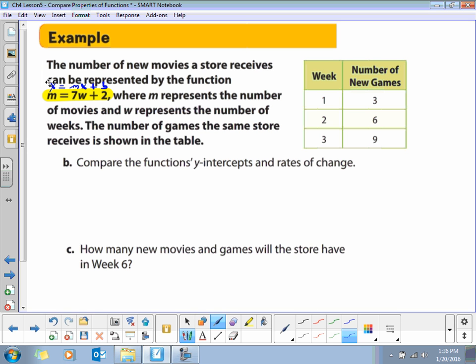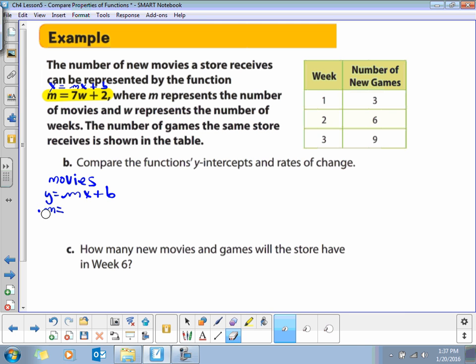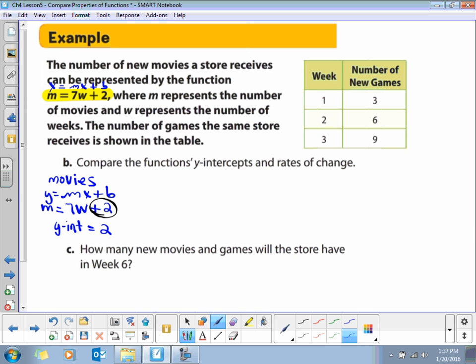So, for the movies, y equals mx plus b, the equation was m equals, well actually it's not cursive m, it's just a regular m. M is equal to 7w plus 2. There is my y-intercept. So, for the first equation, the y-intercept is equal to 2.